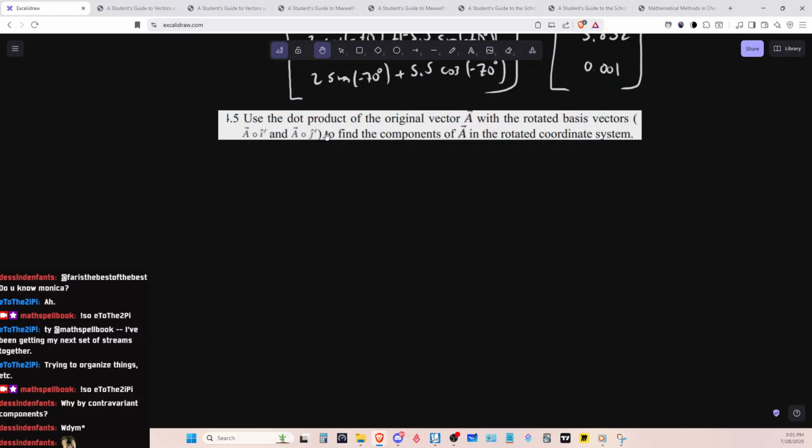Dot product of the original vector A with the rotated basis vector.